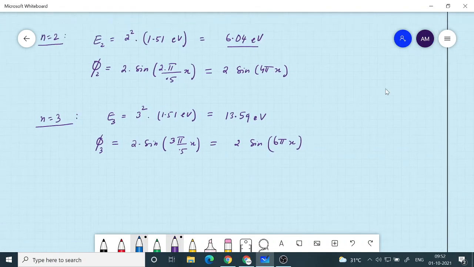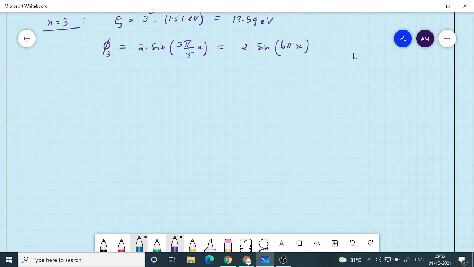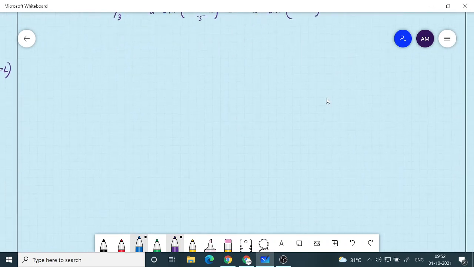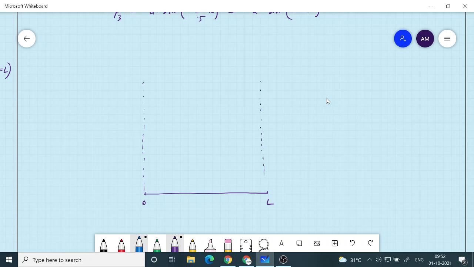plot these and see how these things look like. So we have a width for the well, which is x0 to L, and we have infinite potential at x equal to 0 and below. So this is where we have infinite potential.